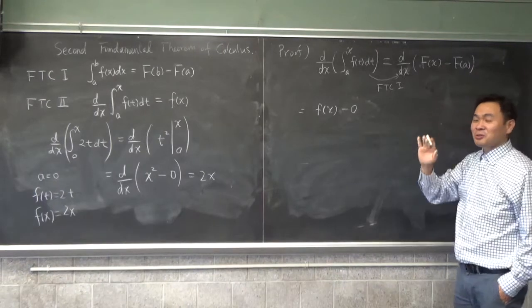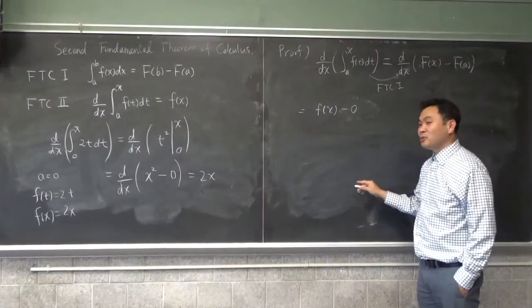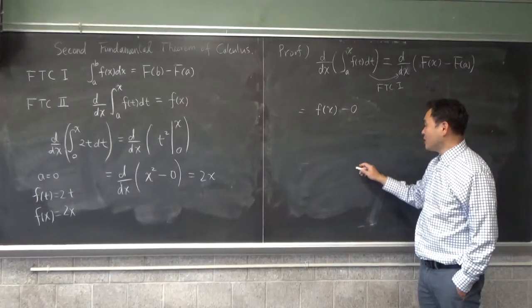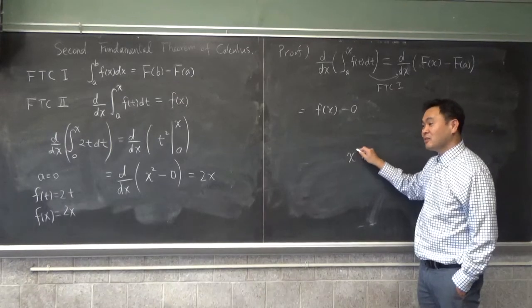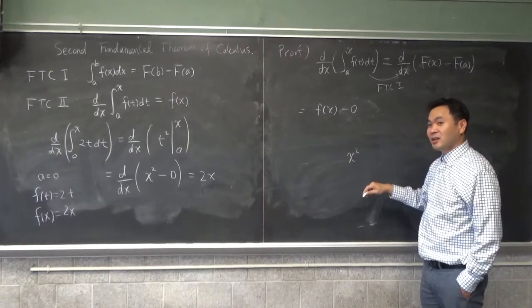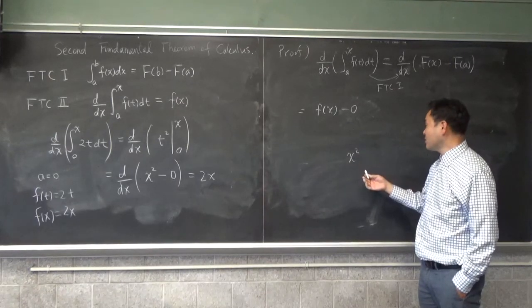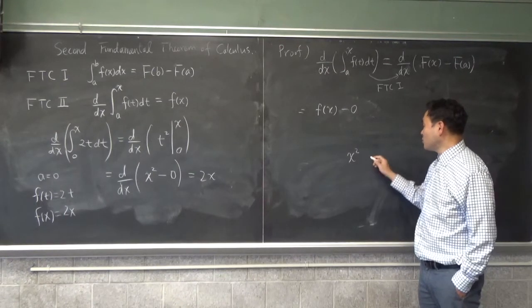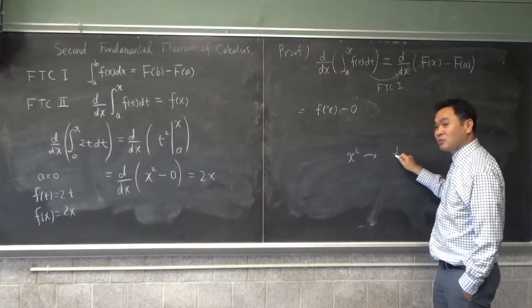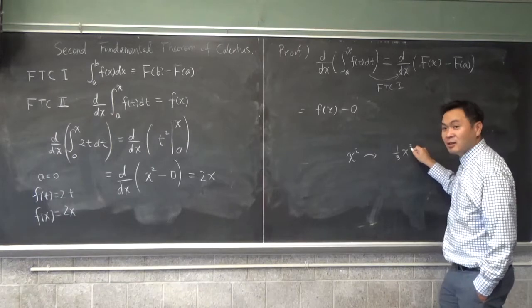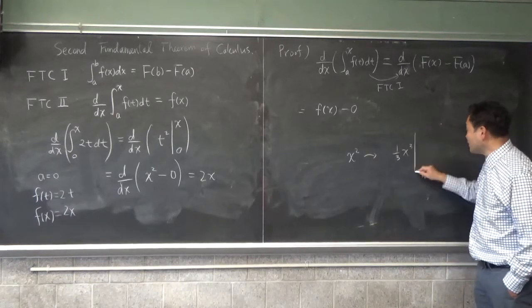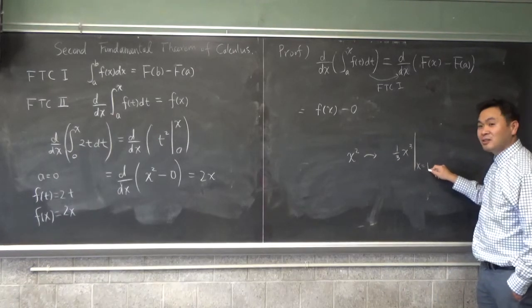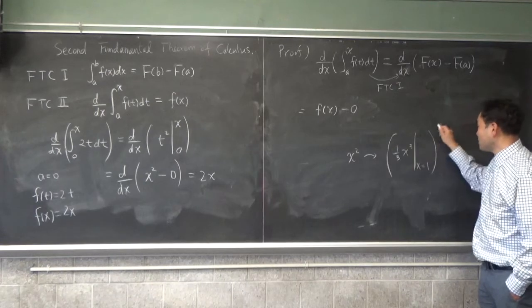Okay, so here's the thing. If you take, say, x squared, and you integrate this, whose integral is 1/3 x cubed, and let's say we plug in x equals 1, and then differentiate this.